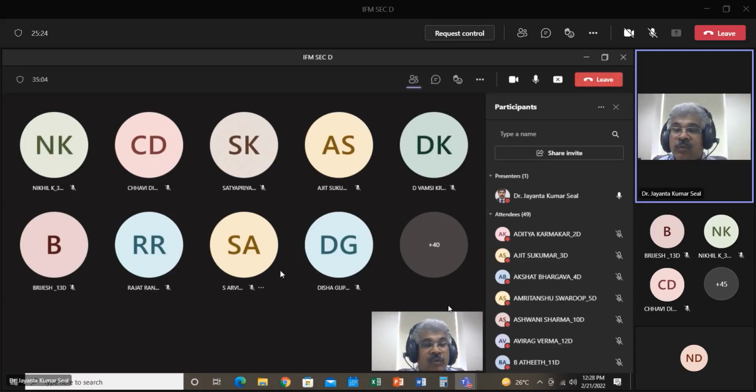So that also you need to keep in mind: whether the product on which you are apparently losing money, if you discontinue it, whether you will be losing the customers or not. If you think about one major FMCG company, Unilever, in India, Hindustan Unilever, they have, I think, 15 to 18 products in the soap and detergent segment.